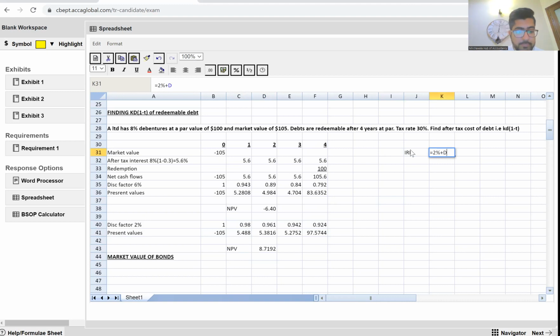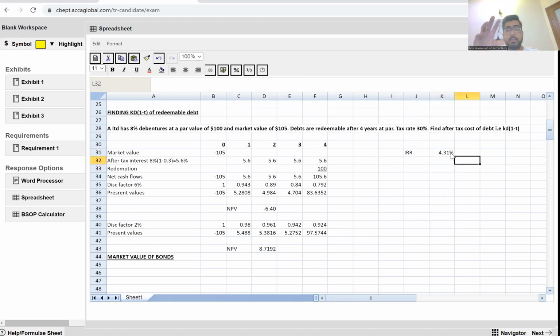So D43 over D43 minus negative NPV, D38, into small b, the rate of negative 6% minus 2%. For percentage to 2 decimal places, click on percentage, 2 decimal places, 4.31% is the IRR.